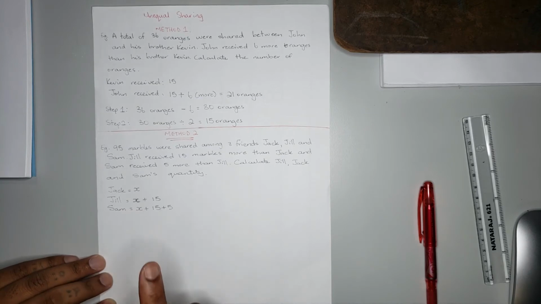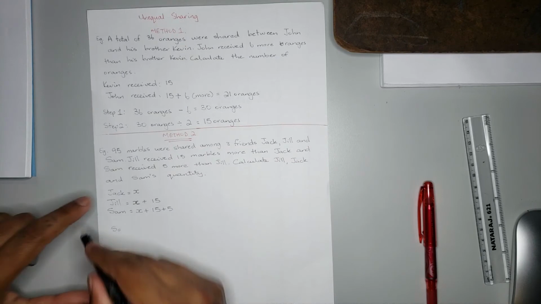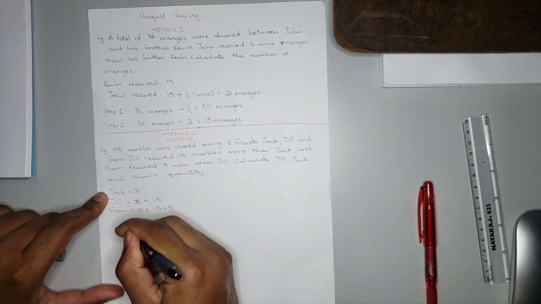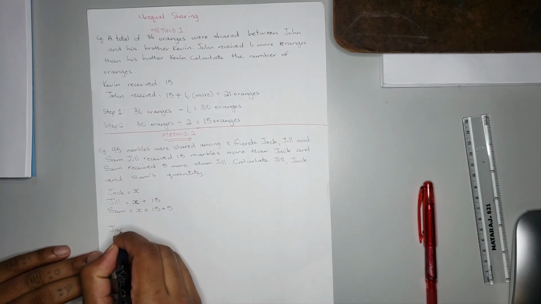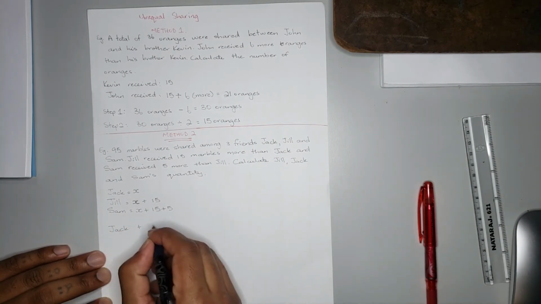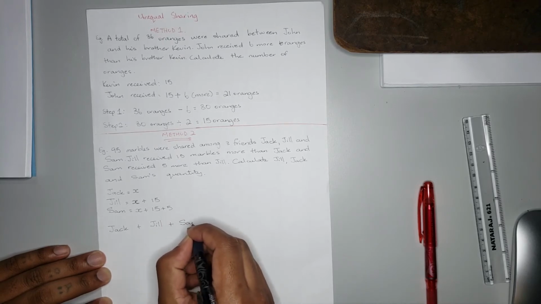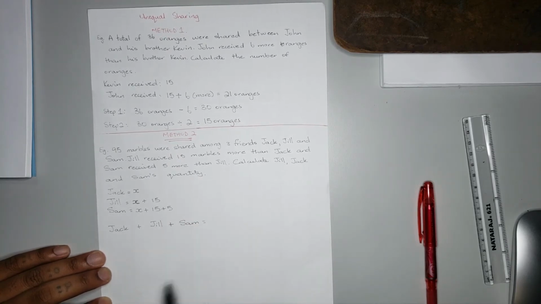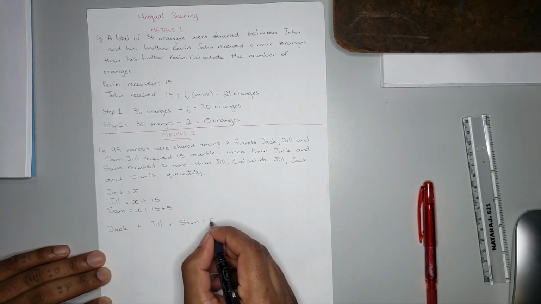So, we know now when you add up Jack's amount plus Jill's amount plus Sam's amount, you're supposed to get back the total, and in this case the total was 95.